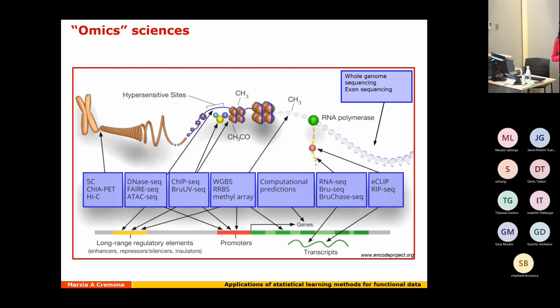high throughput sequencing technologies actually allowed very fast and cheap sequencing of the DNA. So the result is that we have a bunch of different techniques that can generate a bunch of different types of omics data.